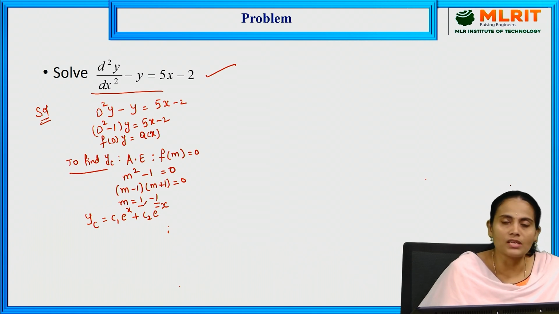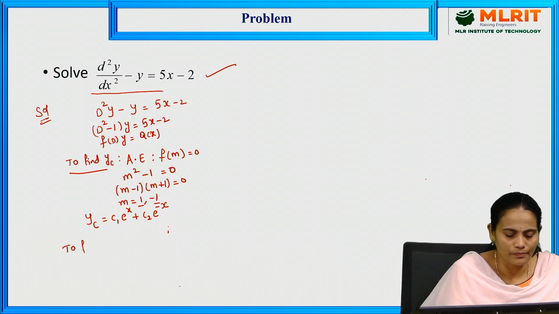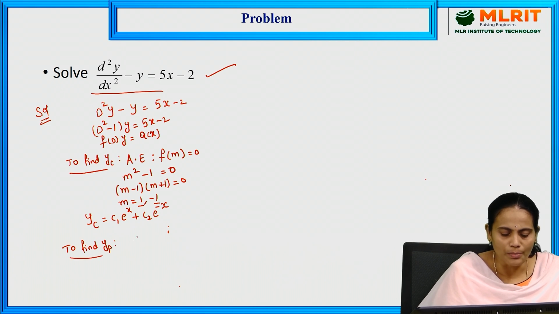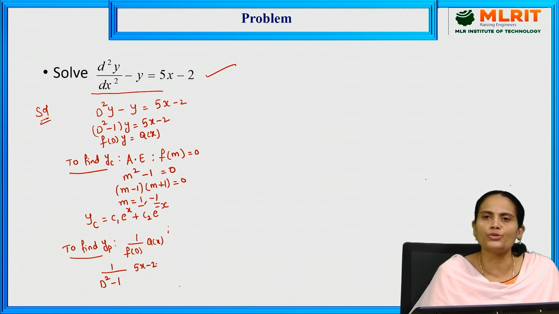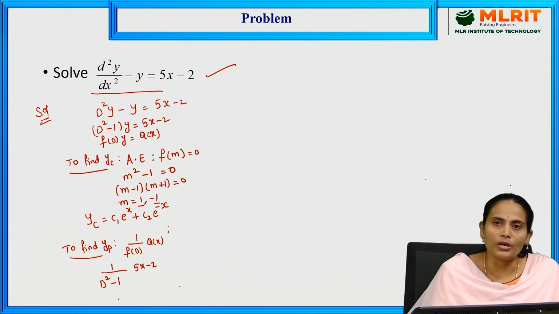Now we will see how to find the particular integral. The particular integral is defined as 1 by f of D into Q of x, and here f of D is D square minus 1. Here Q of x is a polynomial, 5x minus 2. If it is a polynomial, to find the particular integral, in the denominator f of D you have to take the lowest degree term as common.